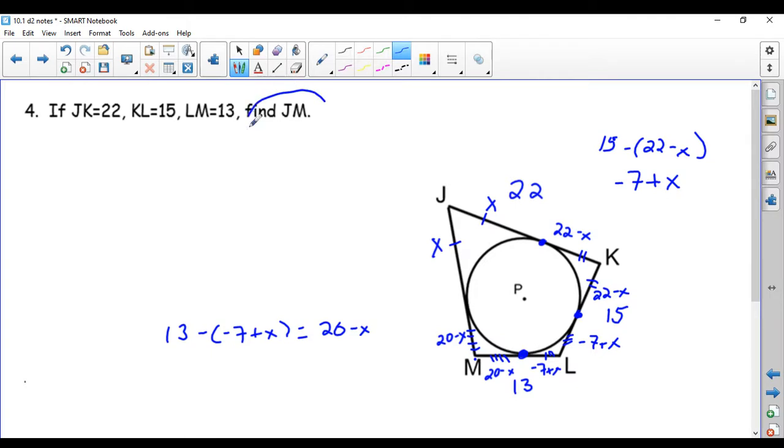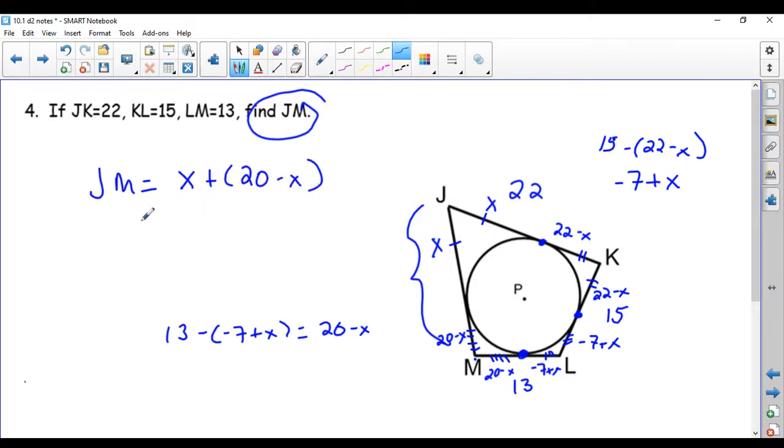In this problem, we want to find JM. There is no way to figure out what x is. There are several different situations that would fit with this problem for as far as different values of x. What we want to find is JM. JM is these two segments added together. So I'm going to add x plus the 20 minus x. When I do that, the x and the negative x cancel out, and I'm able to find the length of JM.